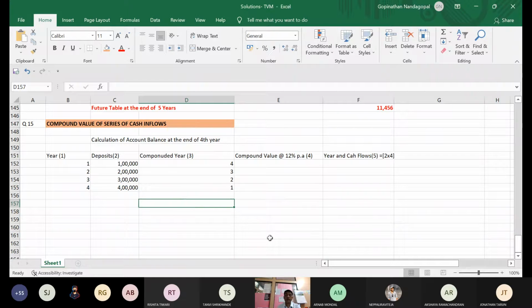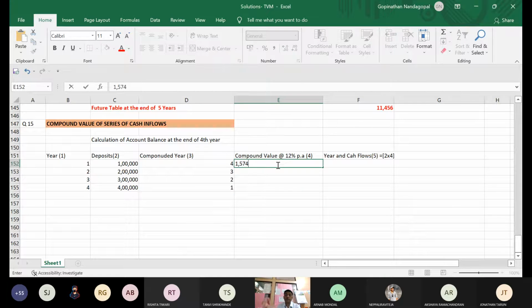Now find the compound value. I'll just tell the value. Somebody can note it. For 12%, please note it down. If you want, you can refer later on. 1.574. I'll just write it straight away. If you want, you can refer to the table for verification. 1.574, so at the fourth year, 12%. Next year, 1.405.